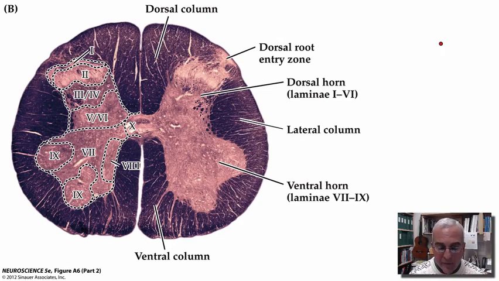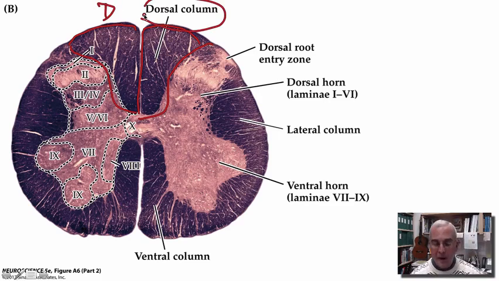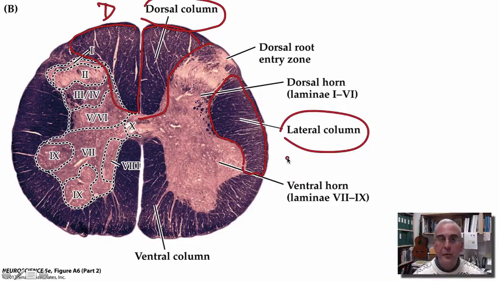So what we have here is white matter that surrounds gray matter. And we recognize basically 3 zones of white matter around this gray matter. On the dorsal side of the spinal cord, or the posterior side, we have the dorsal column of white matter. On the lateral side, roughly to about this region, we have what we call the lateral column.